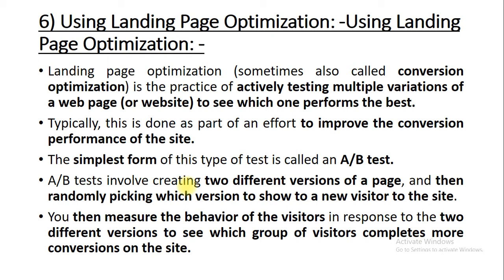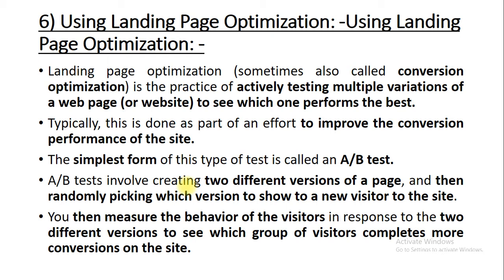So to improve the conversion performance of your website, you can use landing page optimization. See, what you are going to do, you have created two different types of website for a particular topic, right? And you apply a test of whether site A is better or site B is better, or whether you are having good traffic on site A or good traffic on site B, right?